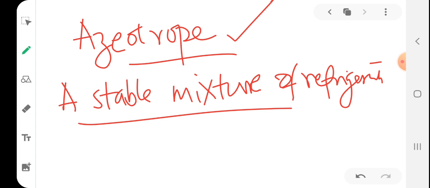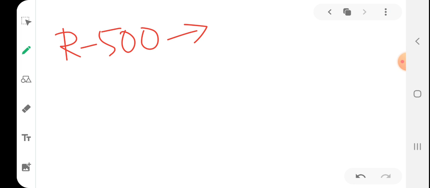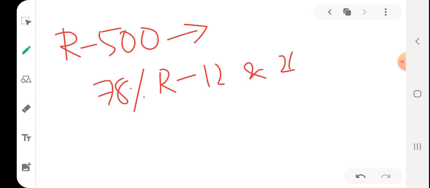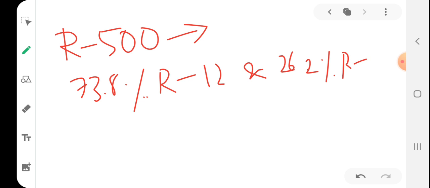Okay, so examples of azeotropes are R500. Azeotropes are basically the 500 series, with numbers higher than 500. So R500 is a mixture of 73.8 percentage of R12 and 26.2 percentage of R152.